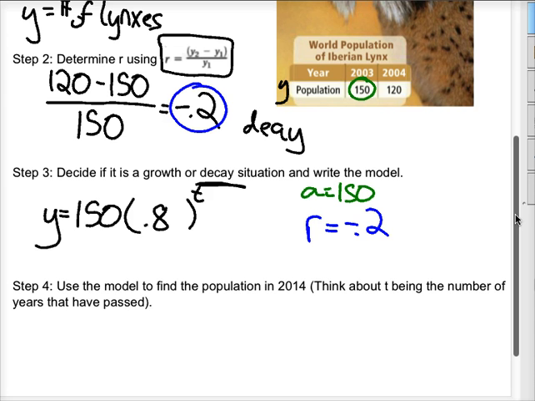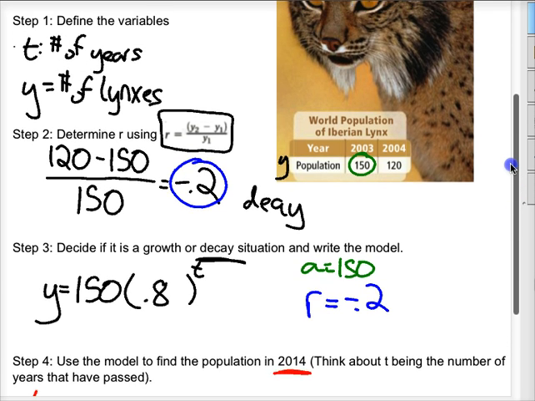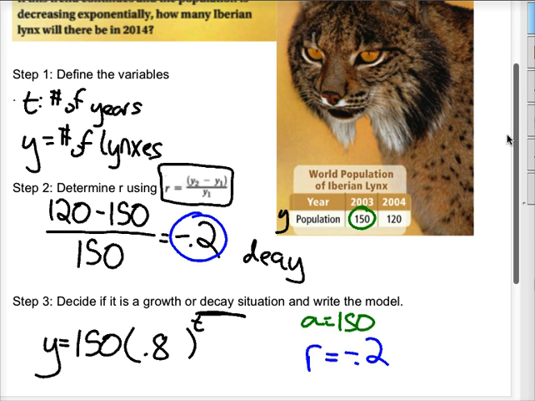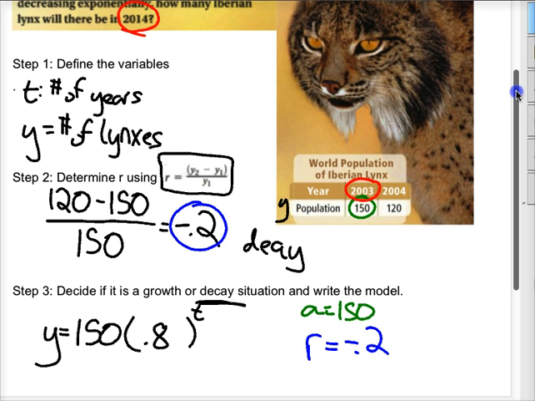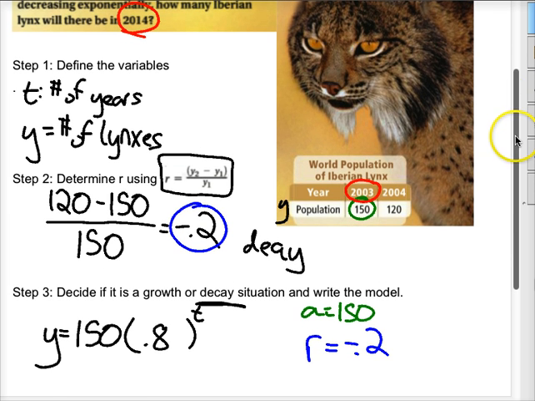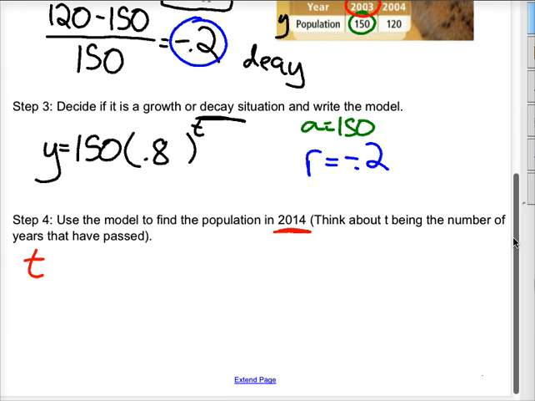Now, the one piece that we're missing is our t. That's something we haven't found yet. Let's look back at the original problem. The original problem wanted to know in 2014. If we're starting our calculations in 2003 and we're curious about 2014, that means that 11 years will have passed.